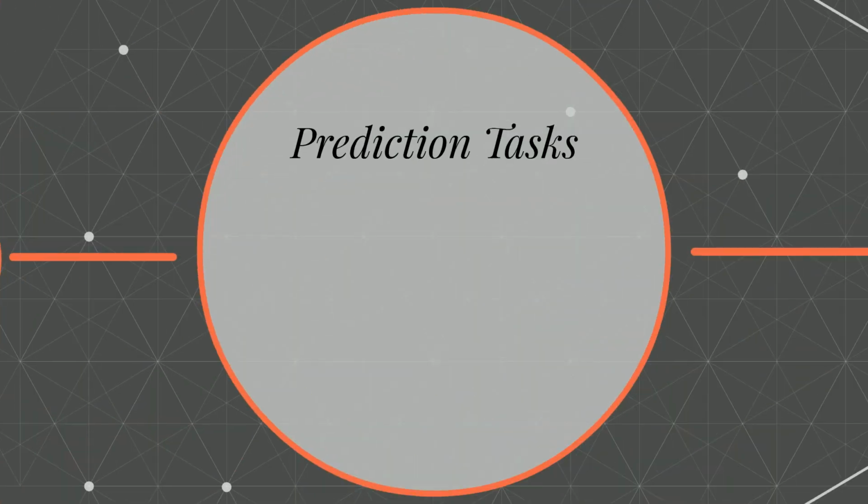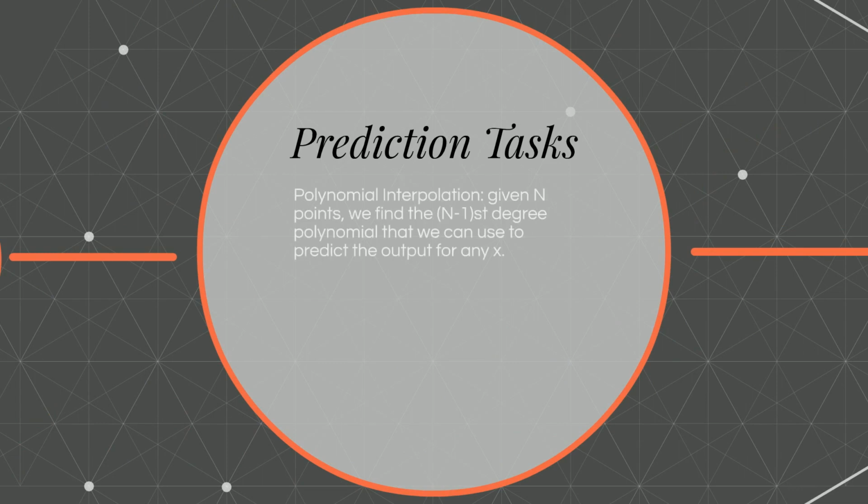So in prediction tasks, we can have interpolation, where we would like to find the function f of x that passes through our training points. In polynomial interpolation, given n points, we find the n-1 degree polynomial that we can use to predict the output for any x.